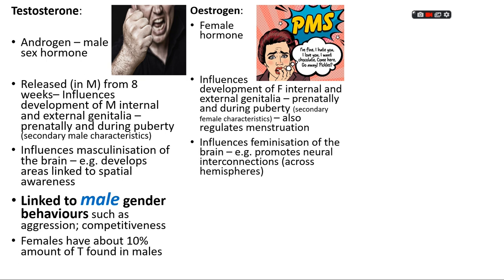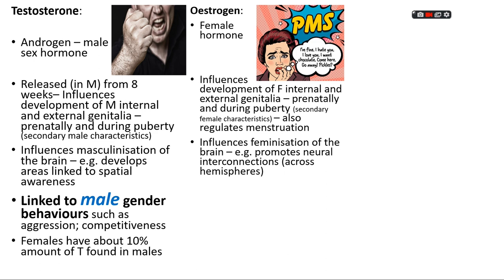In terms of estrogen being released prenatally, this is also thought to feminize the brain. What seems to be related to estrogen production is that there's more interconnection across the two hemispheres. You'll remember that the two hemispheres are connected by that bundle of fibres called the corpus callosum.